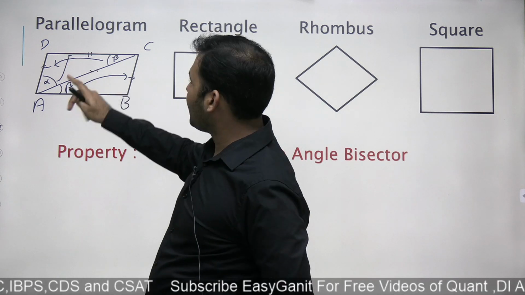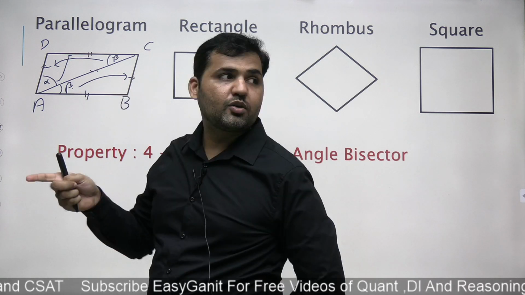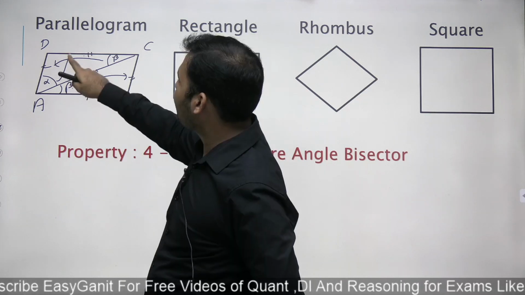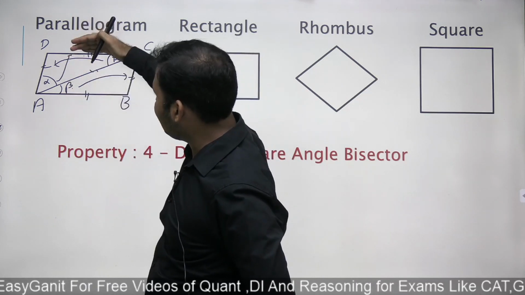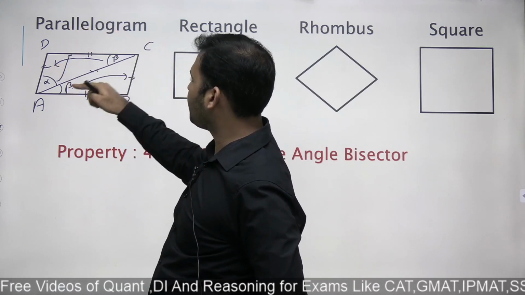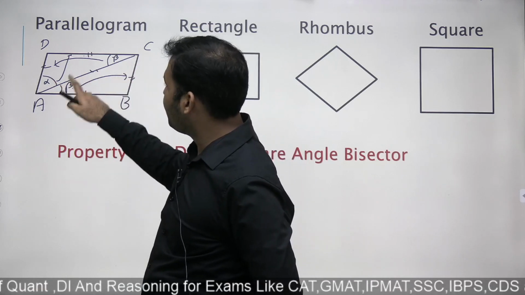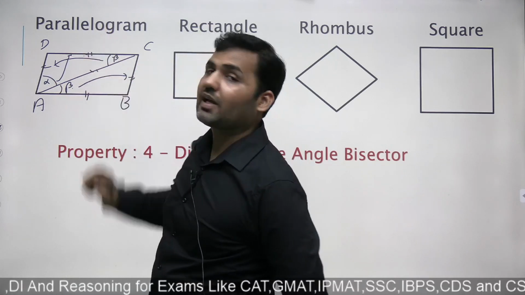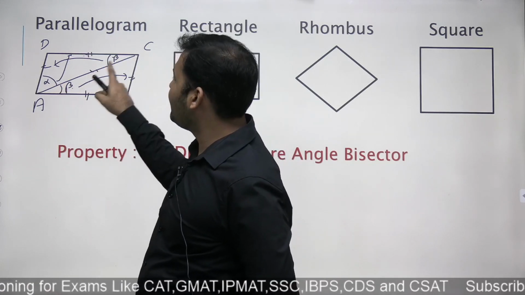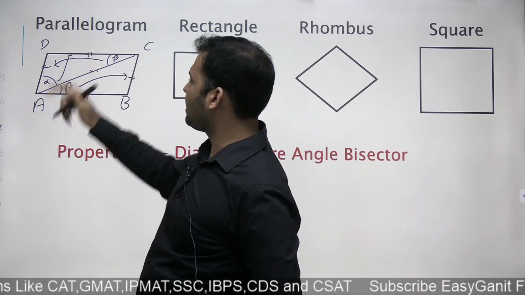Now, in a parallelogram I know that this side and this adjacent side are not the same. If you make them the same, it will not be a parallelogram, it will become a rhombus. So the angle opposite the length of the parallelogram is alpha, and the angle opposite the width is beta. Can they be the same? Because if these two are the same, then these two sides will also be the same, and then it will not be a parallelogram, it will become a rhombus. So will diagonals be acting as angle bisectors in a parallelogram?